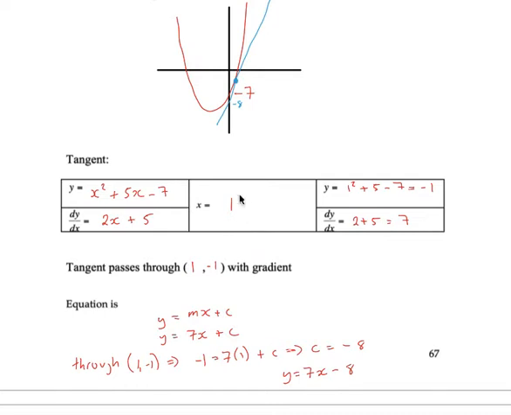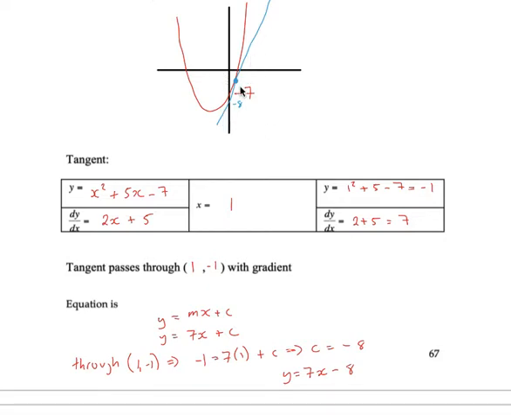We're working at the point where x is 1. So if x is 1, I put x is 1 into the y equation and I find out that y is -1. So the coordinates of this point here are (1, -1). And if x is 1, I can put 1 into the gradient equation and find that the gradient at that point there is dy by dx equals 7.